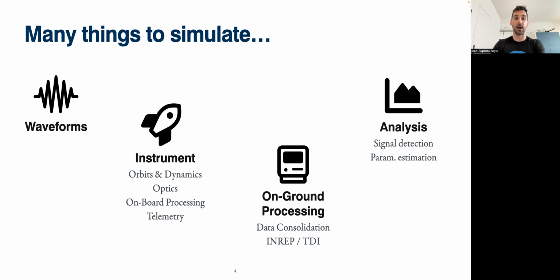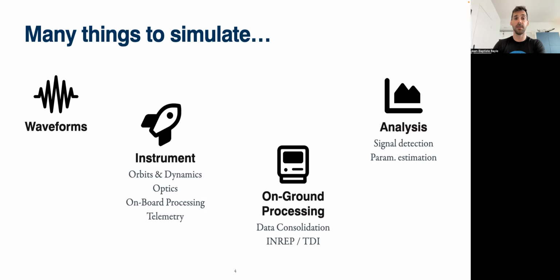You can simulate the optics, the response to gravitational waves, the propagation of optical laser beams, noises and signal, maybe artifacts as well. You can simulate the onboard processing, the measurements by the phase meter, the onboard computer processing, and so on. And of course, in the end, the telemetry down to Earth.